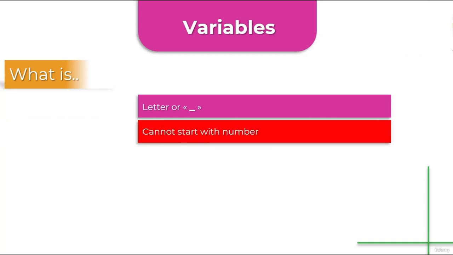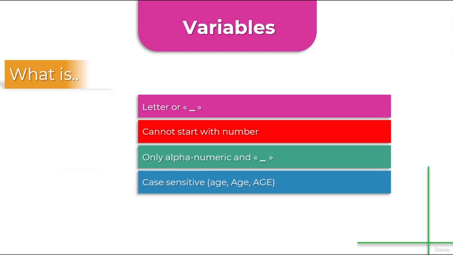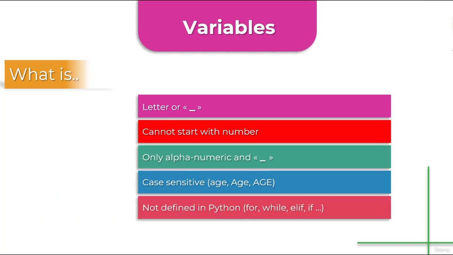A variable name cannot start with a number. A variable name can only contain alphanumeric characters and underscores. Variable names are case sensitive: Age, age, and AGE are three different variables. Now, a variable name can't be a keyword defined in Python.